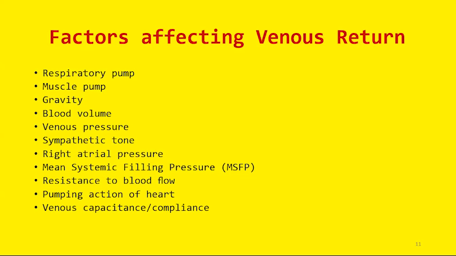Now, venous capacitance or venous compliance. I hope you know what is meant by the term capacitance or compliance. Compliance or capacitance is the distensibility of vessels, the change in volume per unit change in pressure of vessels. Sympathetic stimulation is responsible for decreasing the venous capacitance.